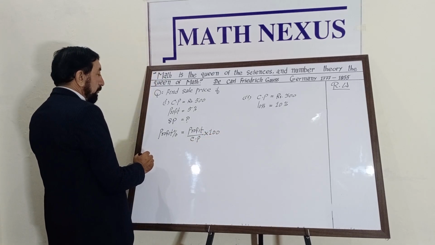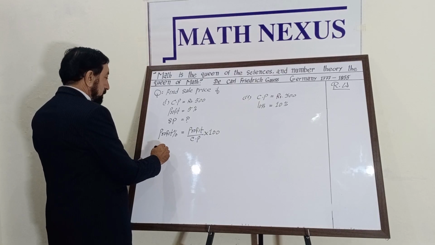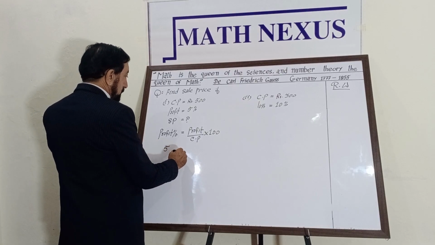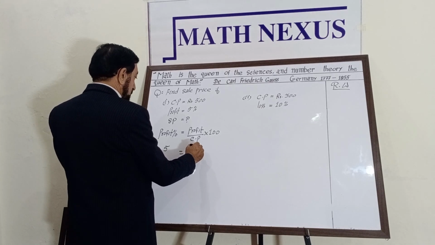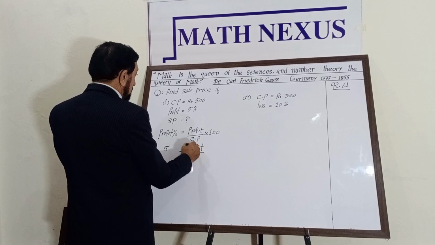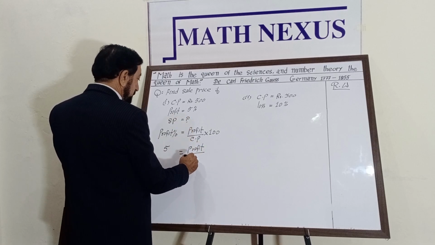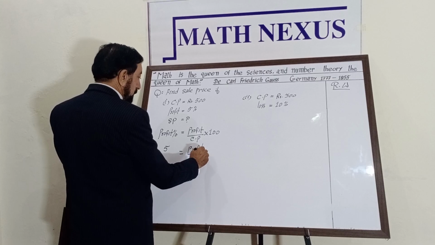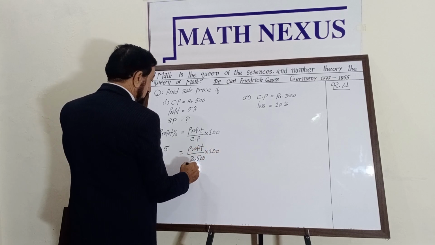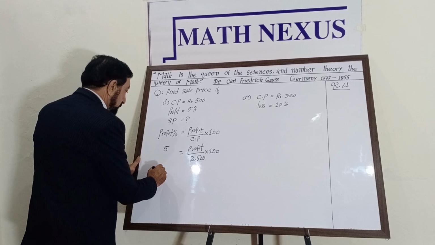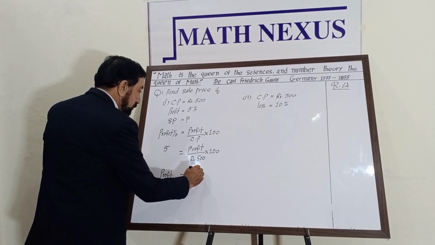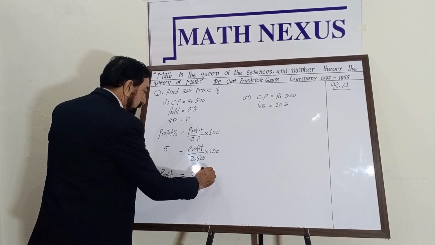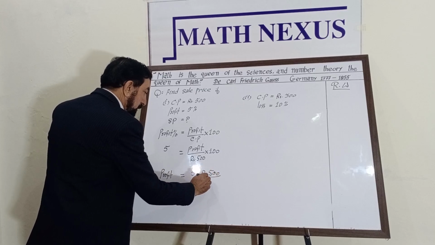Profit percent is 5, profit upon CP 500 into 100. Profit is equal to 5 into 500 upon 100.